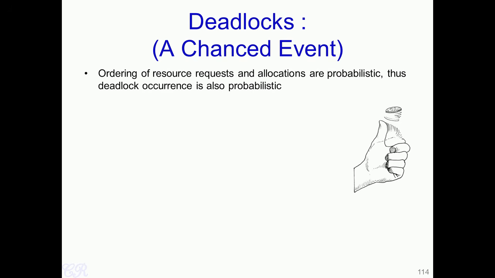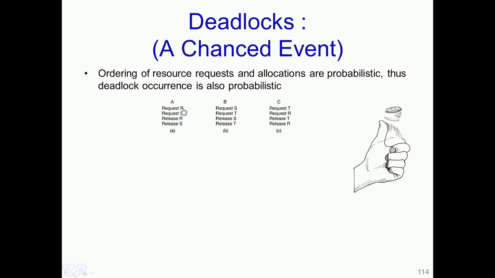So, let us say we have three processes in the system A, B and C, and there are three resources as well R, S and T. Each process could request and release resources at some time during its execution.